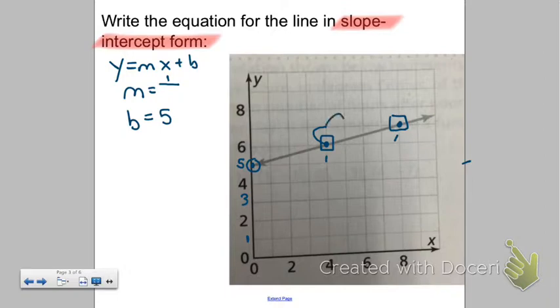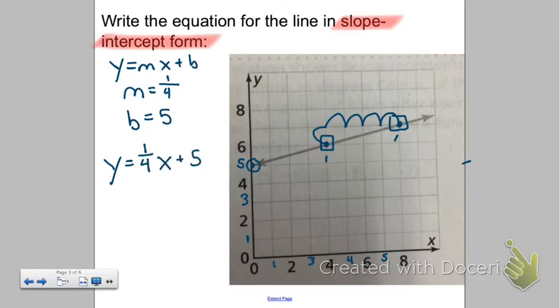Now I have to go over 1, 2, 3, 4. I look at my x-axis to see how it's going. It's skipping boxes and going by 2s, so that means each box represents 1 unit of measure. So I went over 4. I cannot reduce 1 over 4, so that is my slope. So my equation in slope-intercept form would be y equals 1 over 4x plus 5.